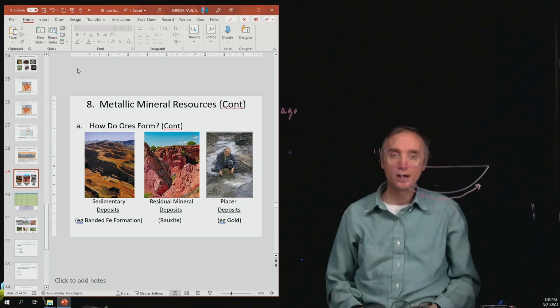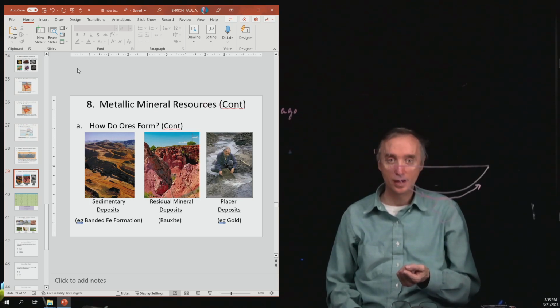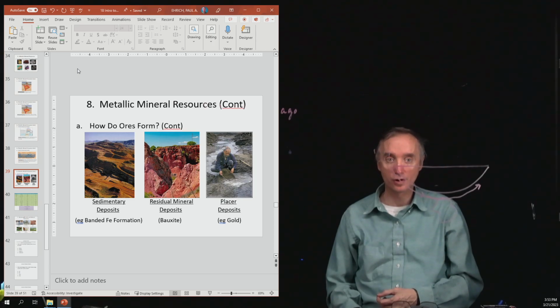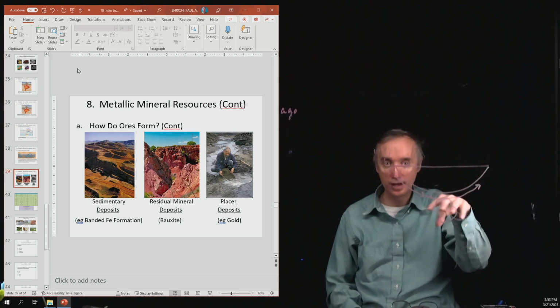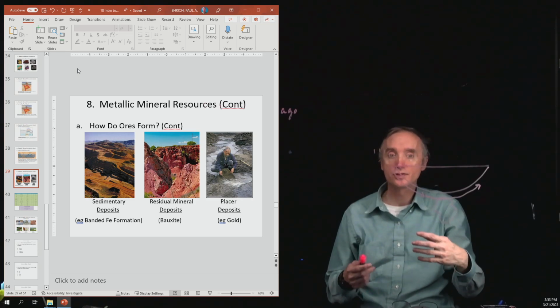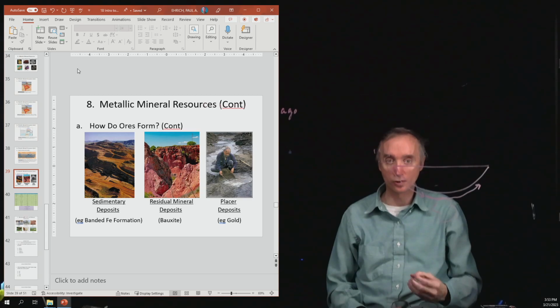And then finally we've got placer deposits. So one thing about gold is it's very, very dense, and so that means as it erodes out of an outcrop, it's not going to go very far. So it's going to roll down the hill, it's going to get into a river, but because it's so very dense, it's not going to travel very far from its source.